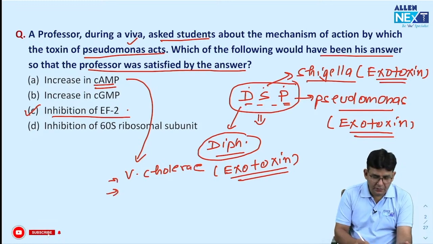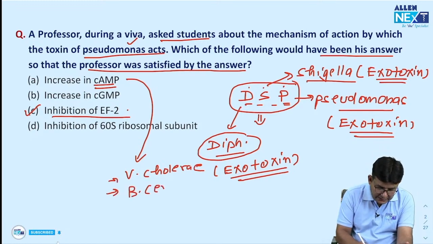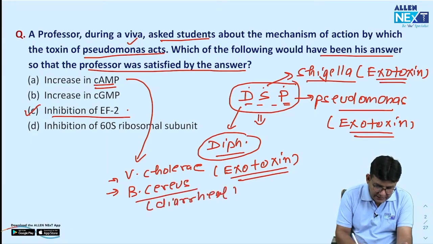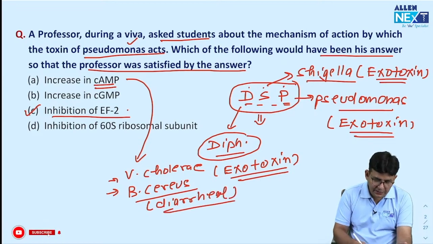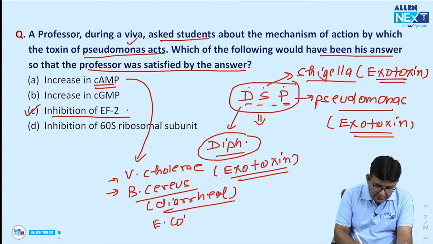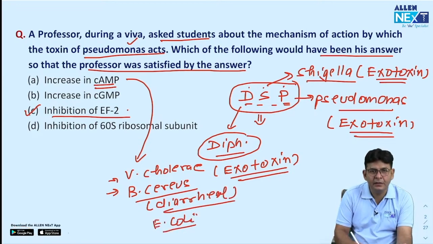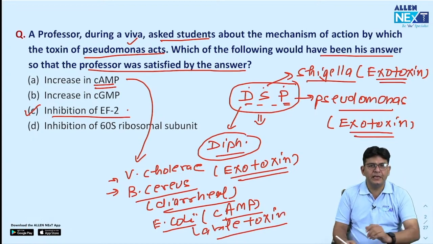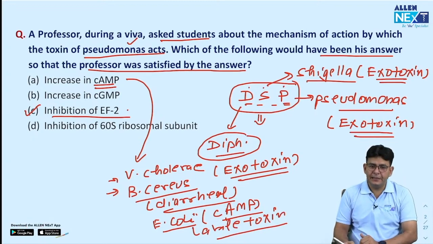Along with that, Bacillus cereus diarrheal type. And E. coli, in fact, which E. coli? The enterotoxigenic E. coli. This one acts through increased cyclic AMP, by its labile toxin.